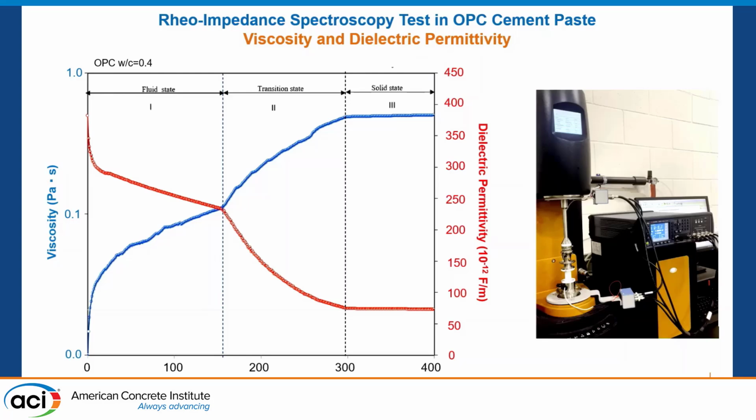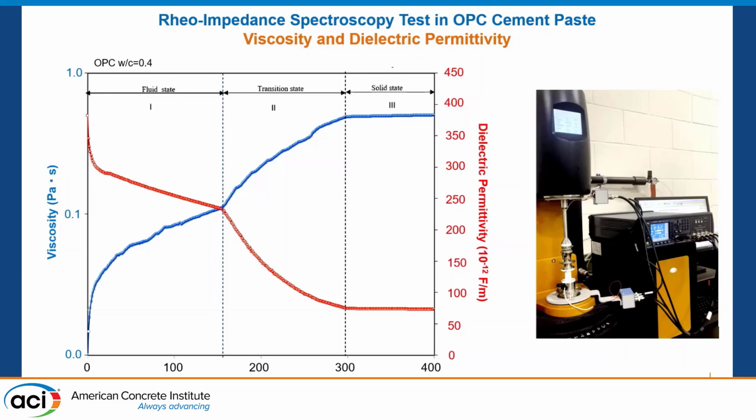From the curve, we can identify 3 stages. The first stage, the fluid state: the viscosity increases while the dielectric permittivity decreases up to this point at a certain rate of change.